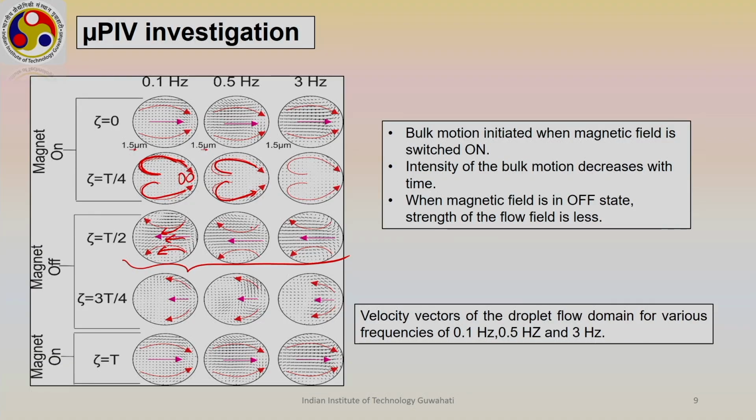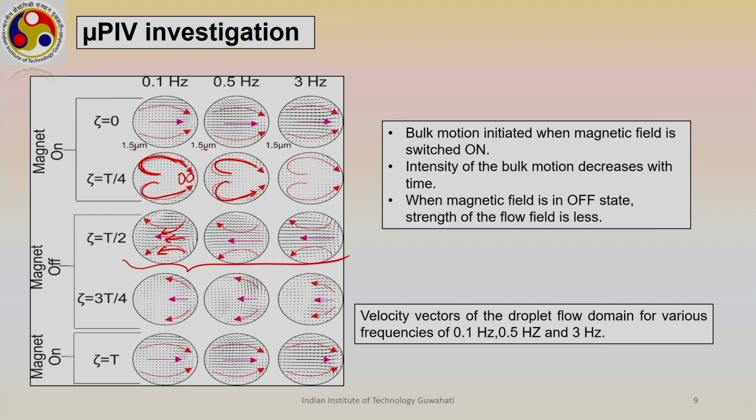But at the initial temporal instance of their magnetic off cycle, they are following certain path lines, and as a result, during the initial stage the flow structure looks like this, but with time the flow field will change and we can see another different structure.